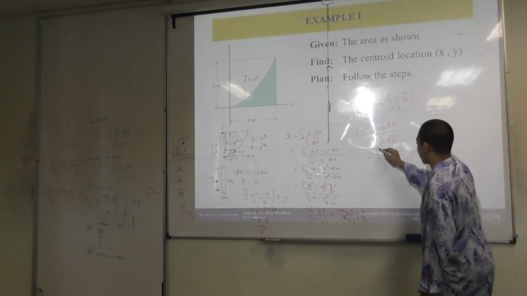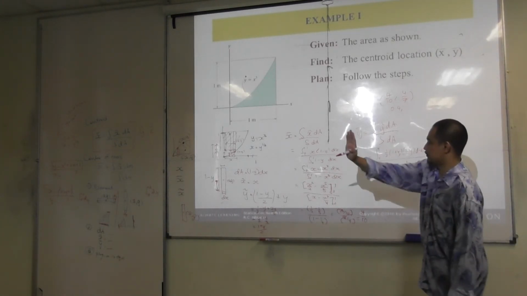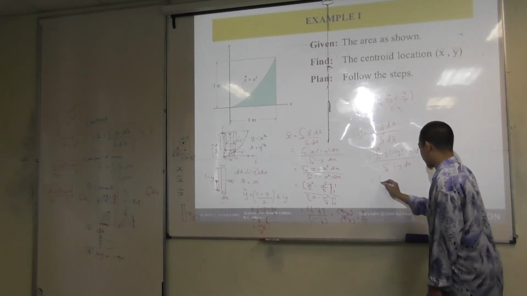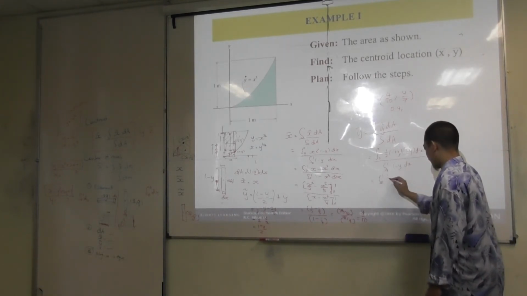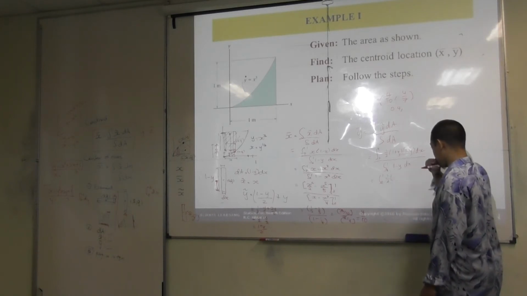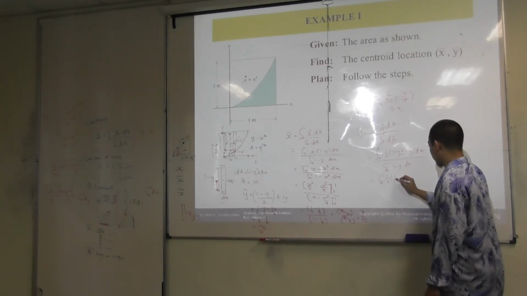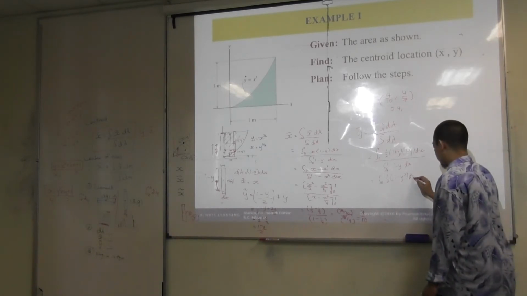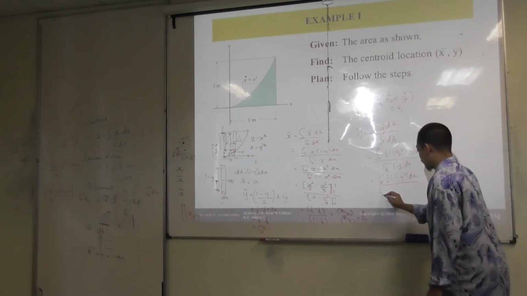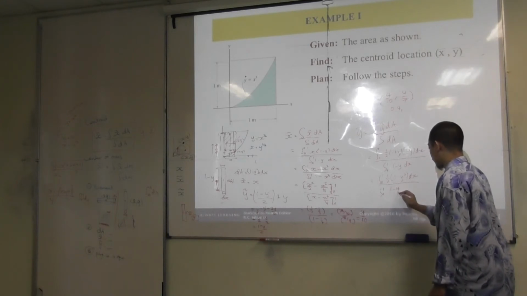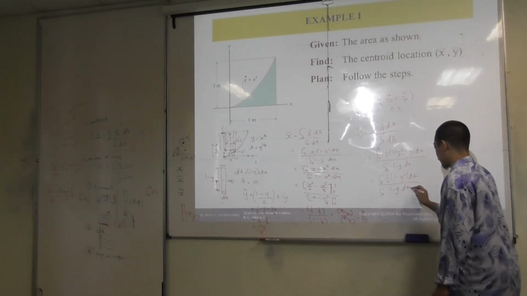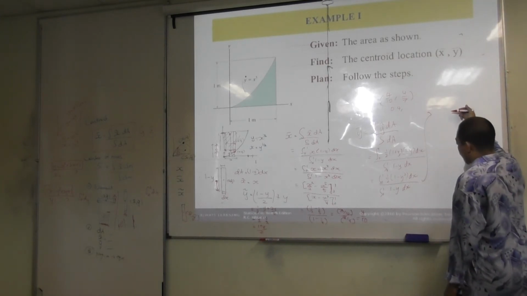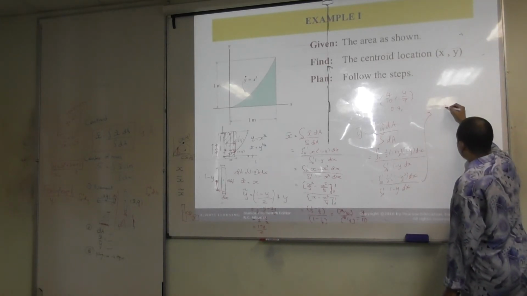Again, the limit is the same because we chop like that, right? 0 to 1. So if you spend this one first, 0, 1, half outside, so 1 minus y squared, is it? dx, 0, 1 minus y dx. If you bring it here, if I take a half outside, right?